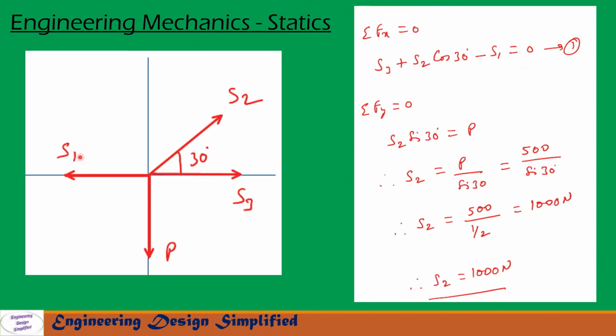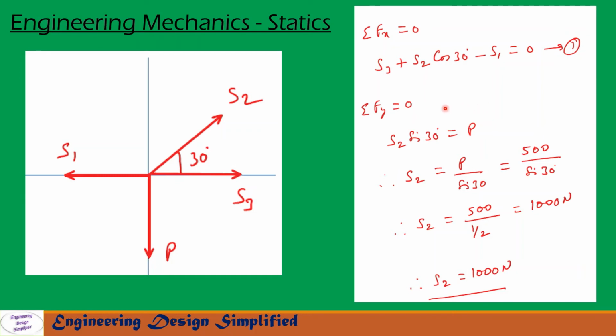We have S1 acting towards this direction and S3 acting towards this direction, and horizontal component of S2 will be S2 cos 30, acting towards this direction, and since P is acting downwards, it won't have any horizontal component. Now sigma Fx equal to 0, so we get S3 plus S2 cos 30 minus S1 equal to 0. Let us call that equation 1.